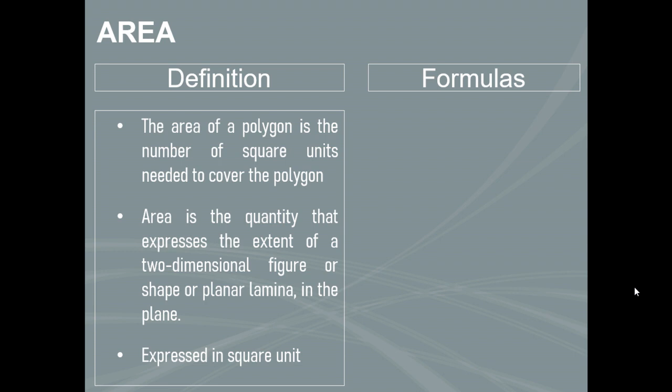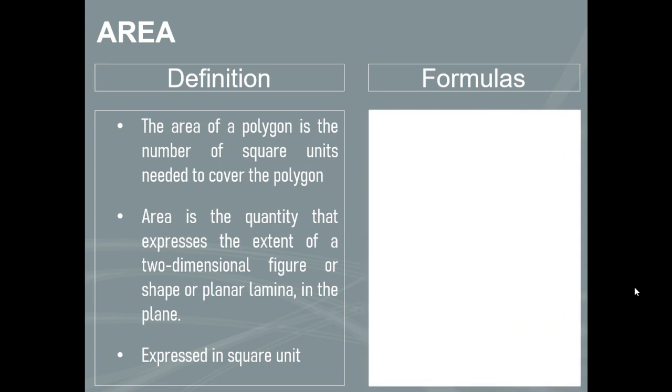But before that, let's take for example this figure. This is a rectangle. So what is the difference between perimeter and area? When we talk about the perimeter, it is only the sum of all the measurements of the sides of the given polygon or surface or two-dimensional figure.